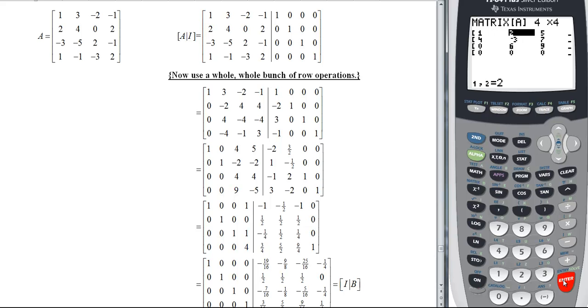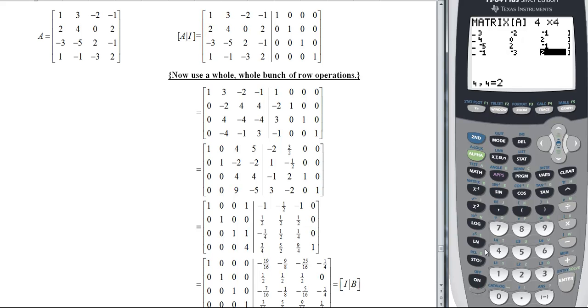So we've got 1, 3, -2, -1, 2, 4, 0, 2, -3, -5, 2, -1, 1, -1, -3, 2.